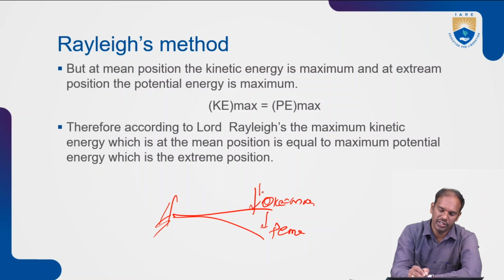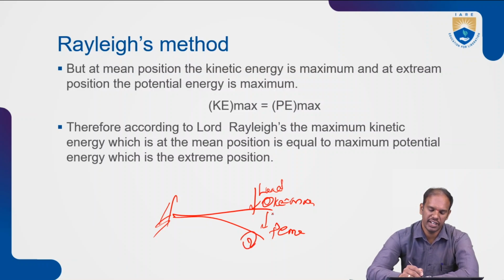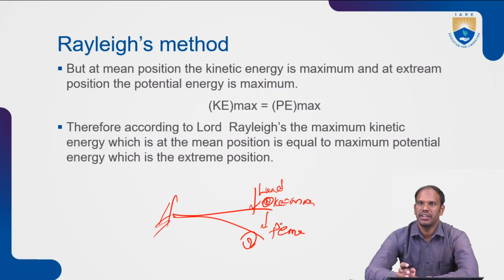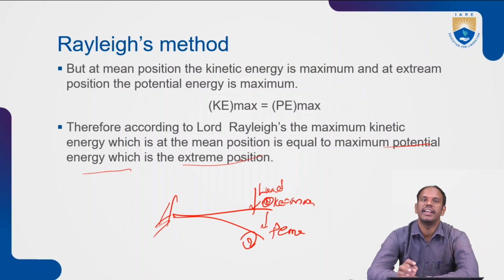If you give the load, kinetic energy and potential energy are maximum at positions 1 and 2. In Rayleigh's method, the energy at the mean position will be equal to the maximum potential energy at the extreme position.